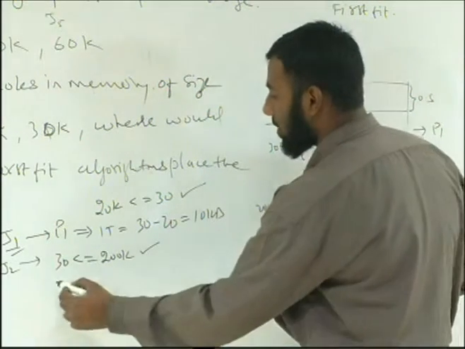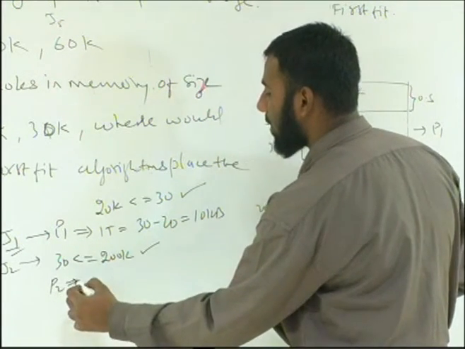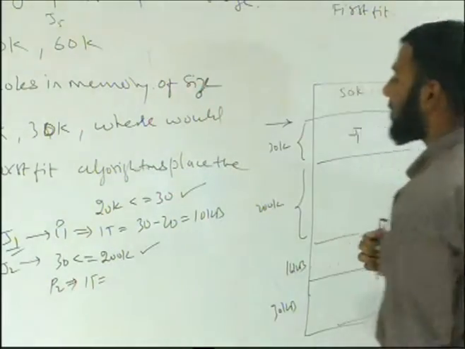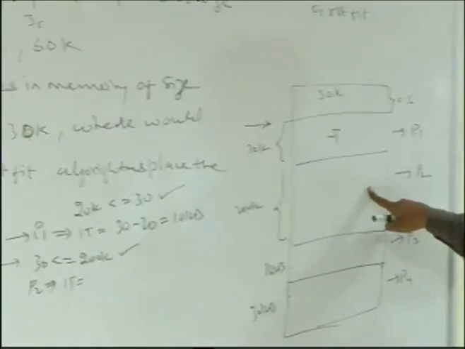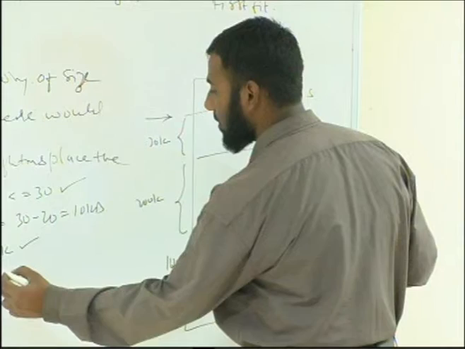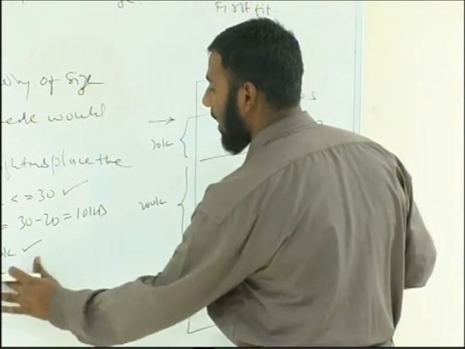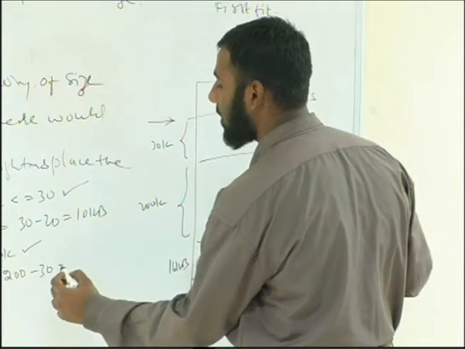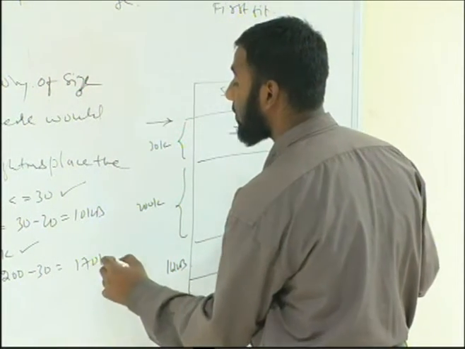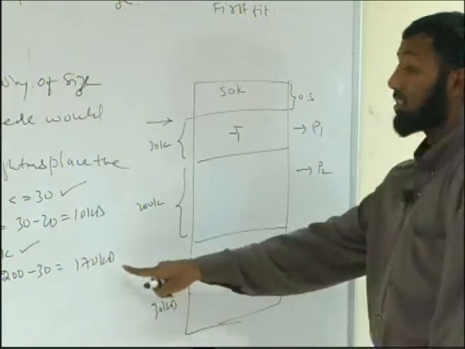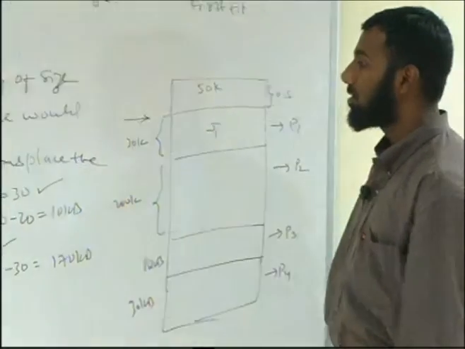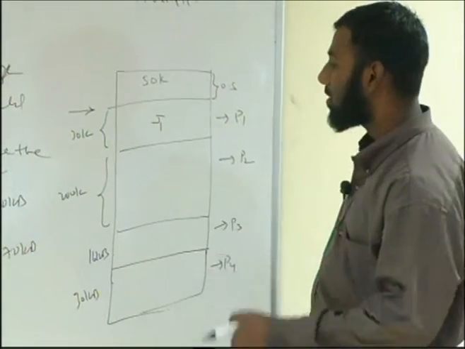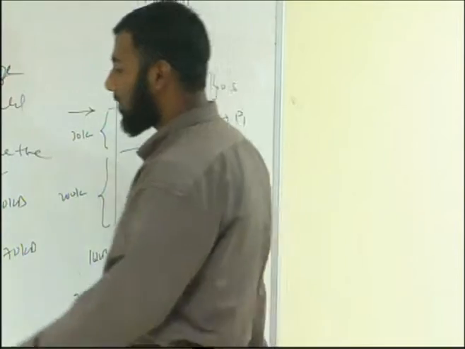Yes, it is true. Then partition P2 will be allocated. The internal fragmentation is 200 minus 30, which gives 170 kilobytes. So it is a considerably big internal fragmentation.